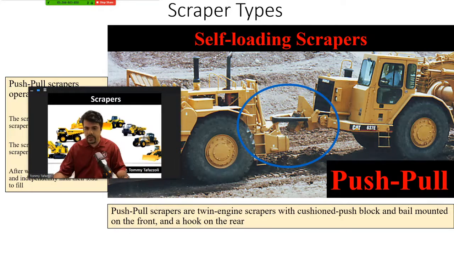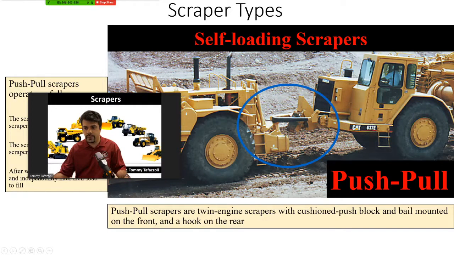So push-pull scrapers are twin engine scrapers with cushioned push block and bale mounted on the front and a hook on the rear. Yeah, so there is a mounted bale here and there is a hook on the rear, and this can be moved automatically.